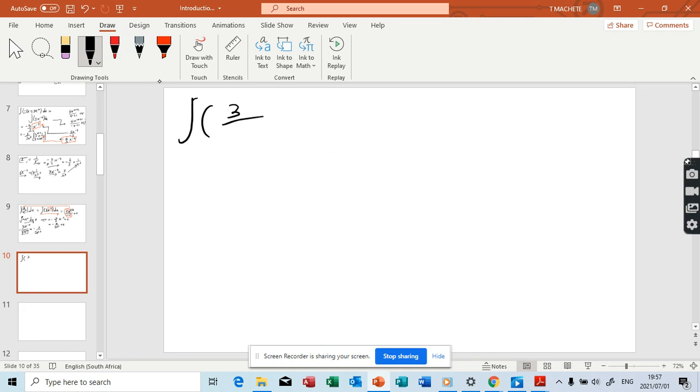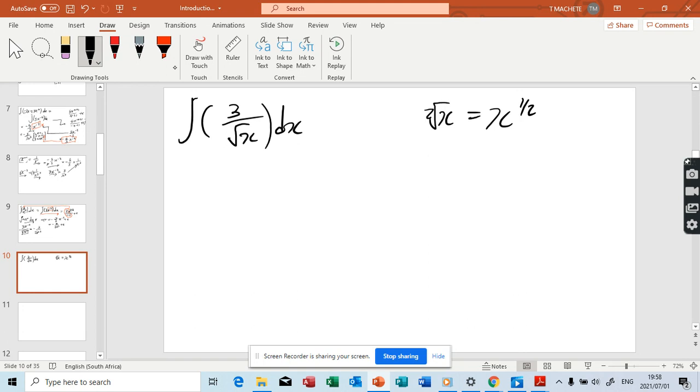So the next example, I'll just pick someone. It's 3 over root x dx. Okay, guys, root x, you all know that a square root is like x to the power of 1 over 2. There is a 2 here, but they didn't write it.